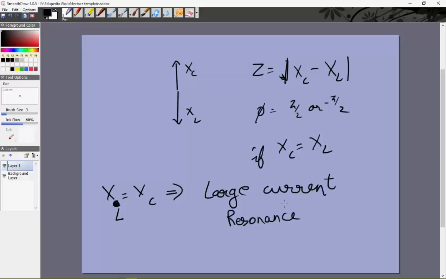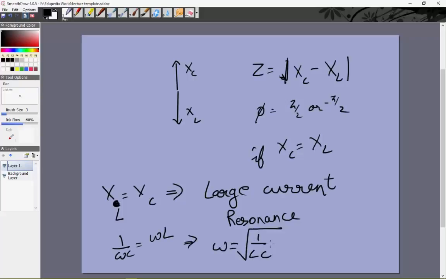Similar to SHM. In SHM, the resonance was when two frequencies were similar or close to each other. Here the two reactances have to be close to each other, then we have resonance. What does this mean? 1 by omega C is equal to omega L, which means omega is equal to root of 1 by LC.